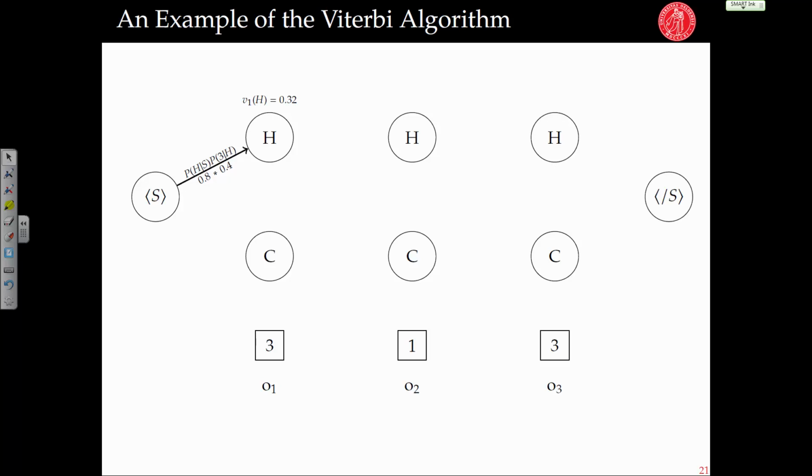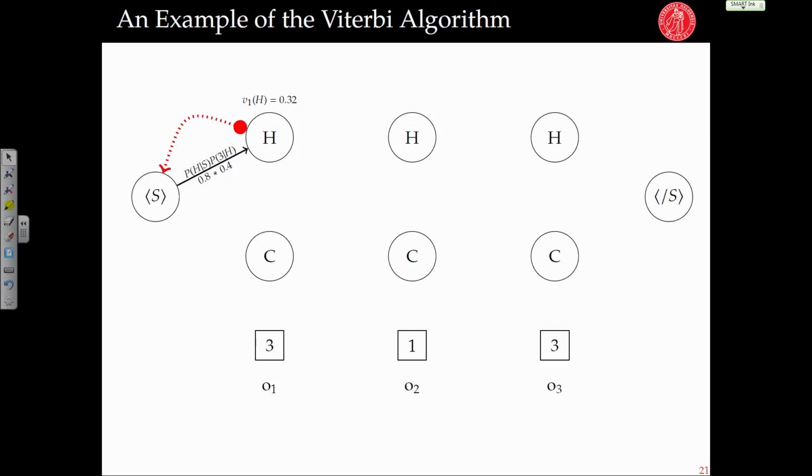This is pretty basic. There is still no maximization done here, because there is only one way of getting from a start symbol to a hot state, but we still record the V value. So now V1 of H is .32, which is just the multiplication of 0.8 by 0.4, of course.